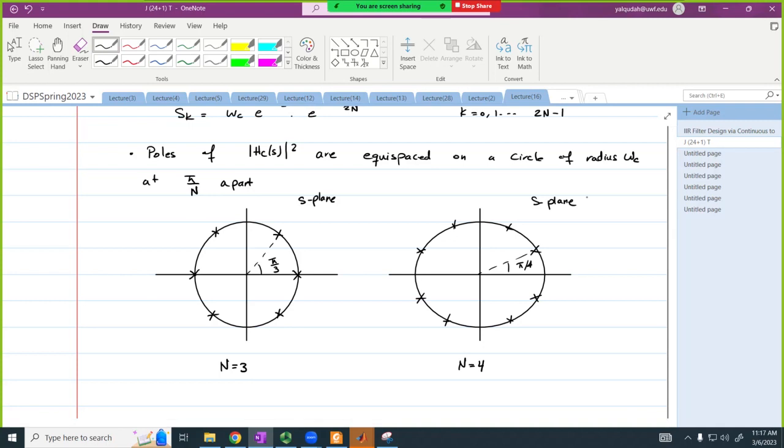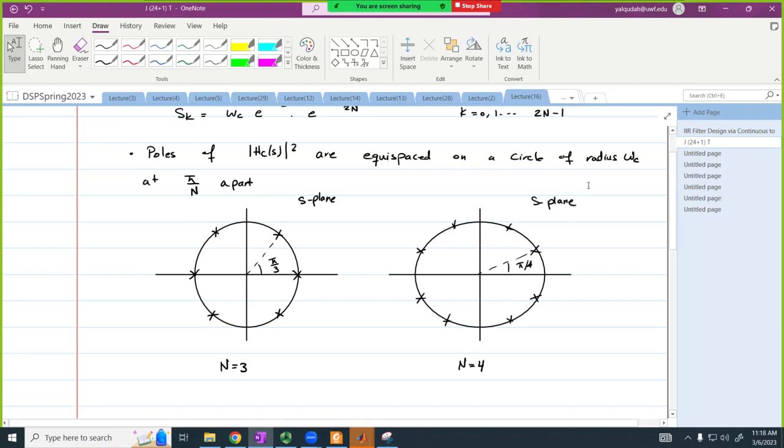Go ahead. You don't like that we have poles in the right half plane? Well, no, I'm being pedantic. So π over 2 is the second pole on the right side, right? We have 3 poles here, 3 poles here. π over 3 is the angle between any 2 poles. π over 4 is the angle between any 2 poles, the phase angle between any 2 poles.